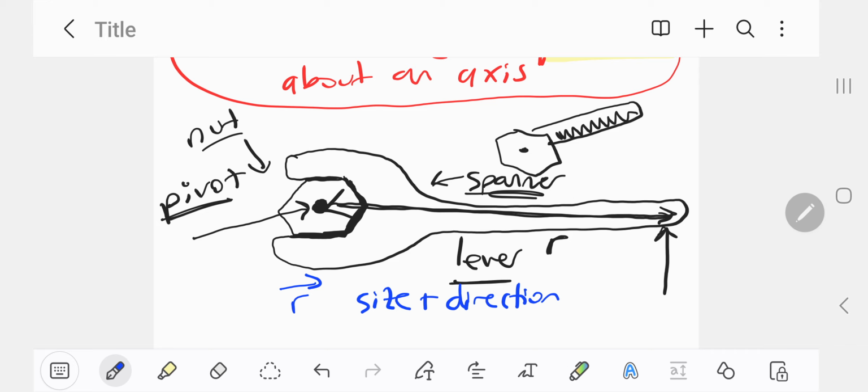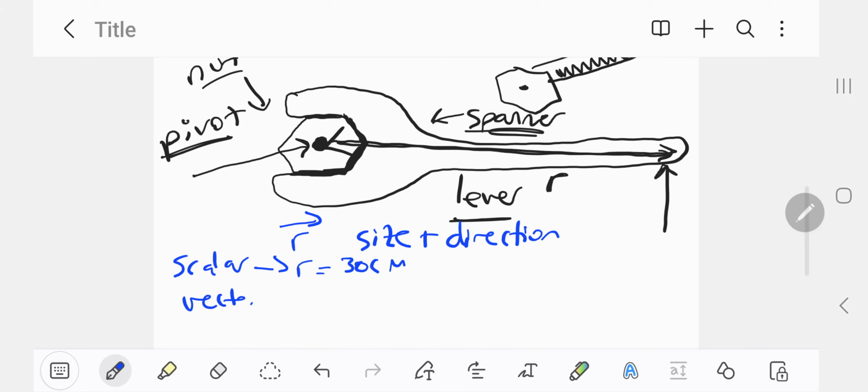Anything that has an arrow on top is a vector. Without the arrow, it's just got size. So the scalar of the lever is just r, the length of the lever. Let's say 30 centimeters. The vector version of this lever, r with an arrow on top, is 30 centimeters, let's say, west, as an example.